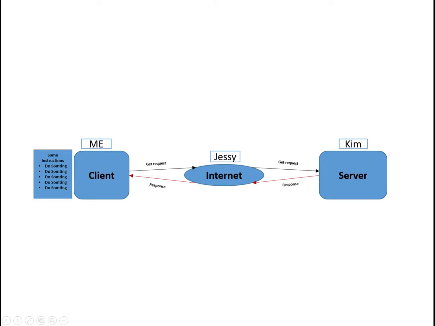And now I'm free to go off and work on other tasks. When Kim's response eventually gets back, I'll open up the response, take a look at my instructions, and then do something with them. These instructions that I set aside are called a callback, in that I call them when I get a response back.